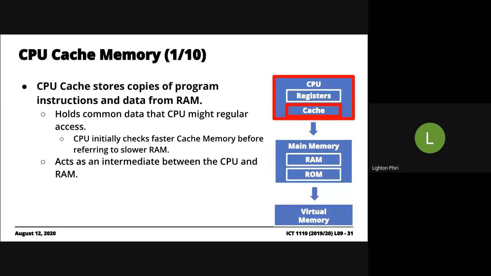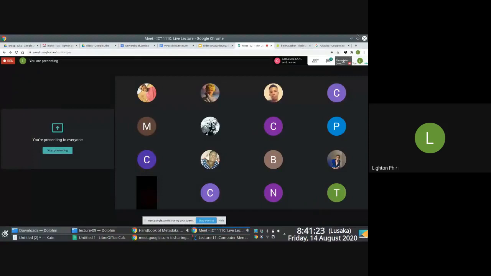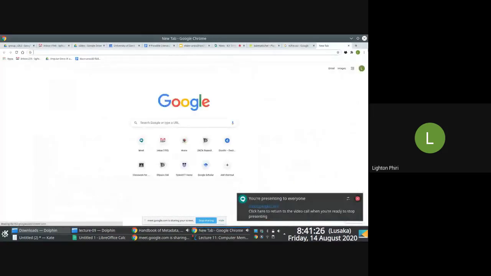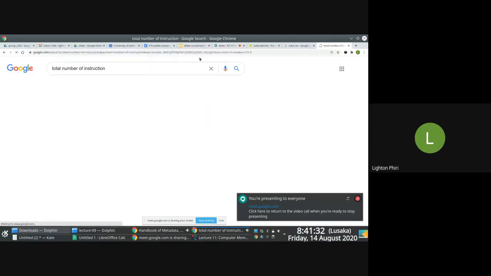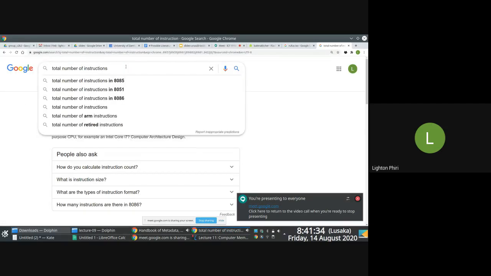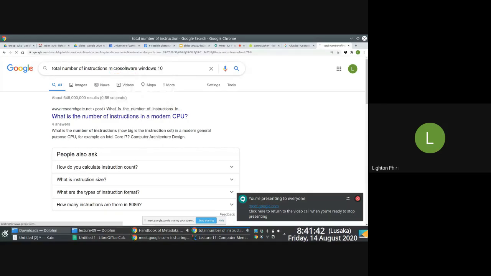Usually there's a bit of misrepresentation of what's happening behind the scenes. And I know you might be sitting there thinking, oh, but 8,192 is a lot of instructions. No, it's not actually. I hope we'll be able to find this, but if you look up, let's say, total number of instructions, Microsoft Windows 10, I guess.